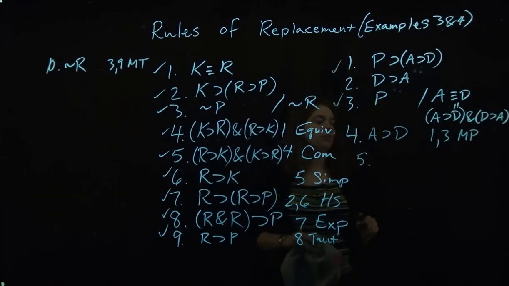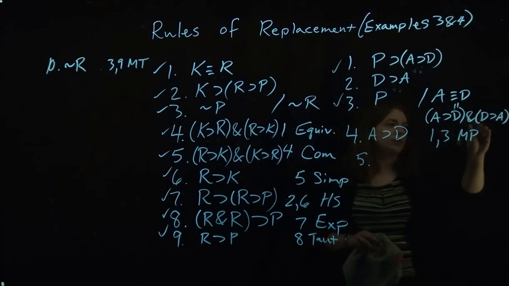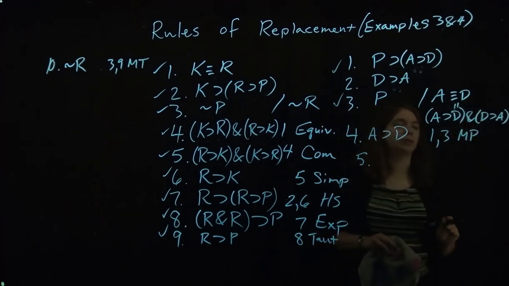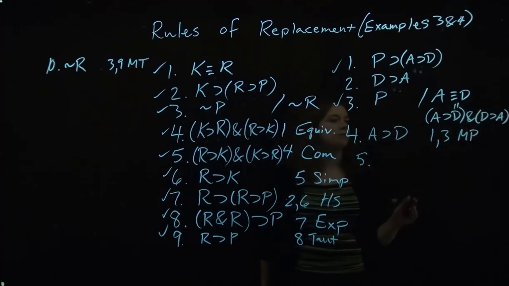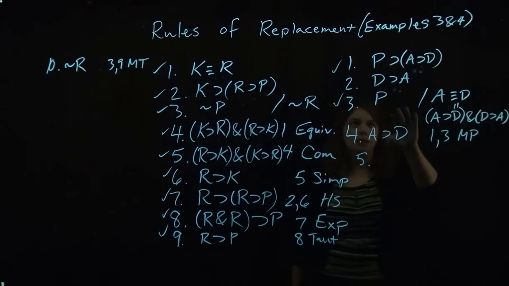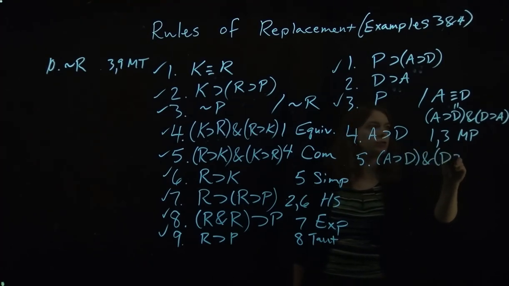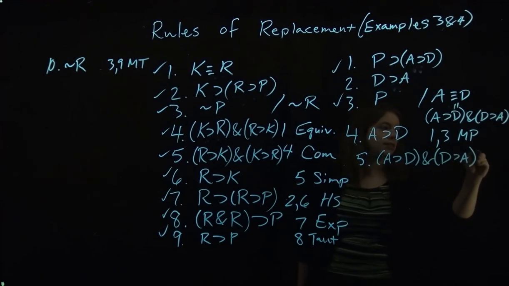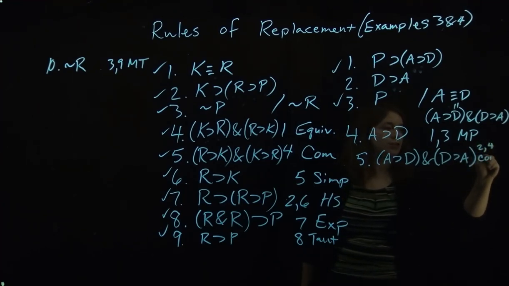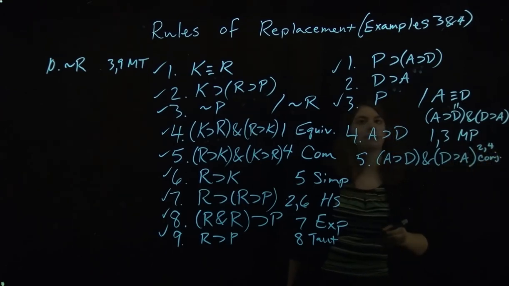And now, again, we've reverse engineered the conclusion. We kind of know what we're looking for here. So now we have to conjoin A horseshoe D and D horseshoe A. So that's lines 2 and 4 in conjunction.